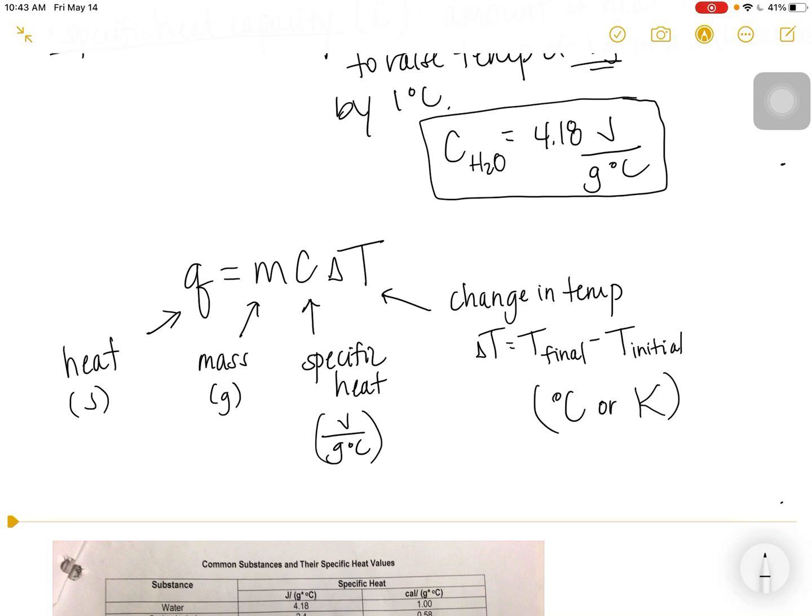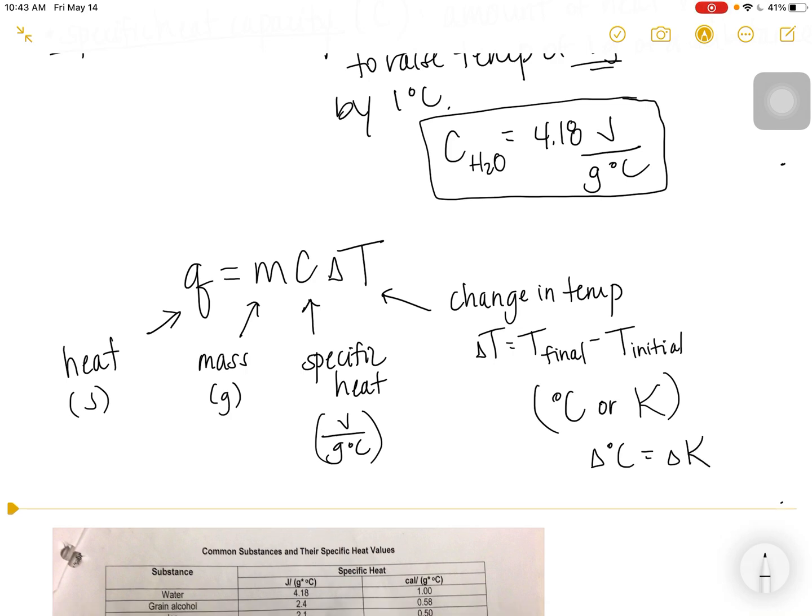And that's because a change in degrees Celsius is actually equal to a change in Kelvin. So if something's temperature raises by 5 degrees Celsius, it actually also raises by 5 Kelvin. We learned Kelvin a long time ago, where we said Kelvin can be calculated by adding 273 to Celsius.